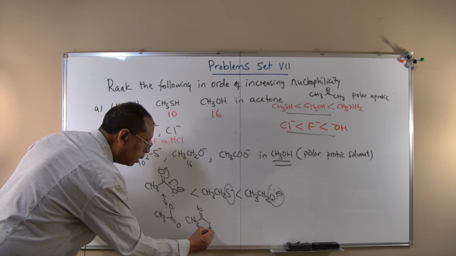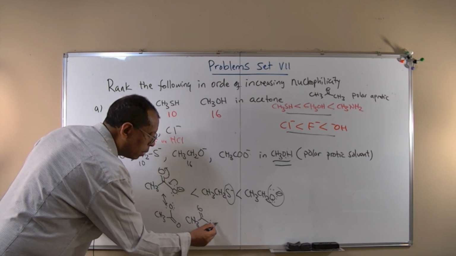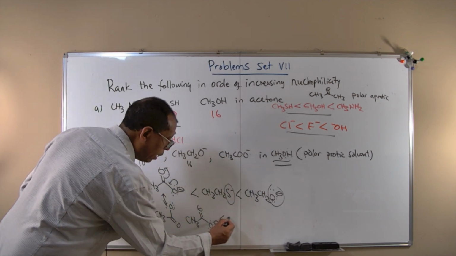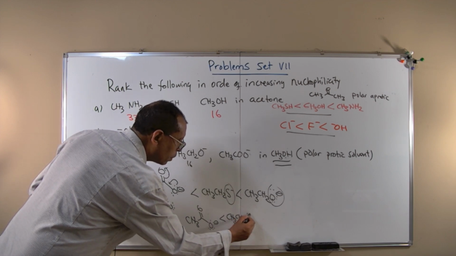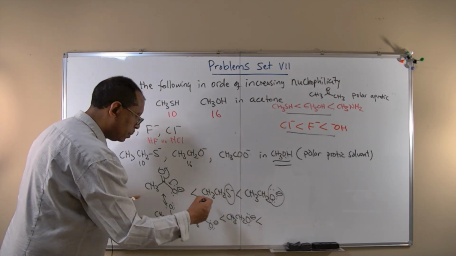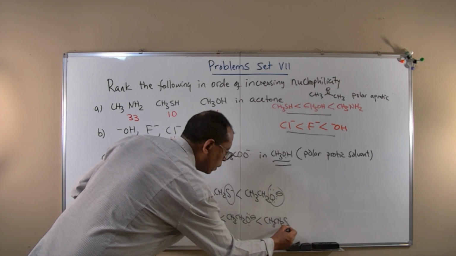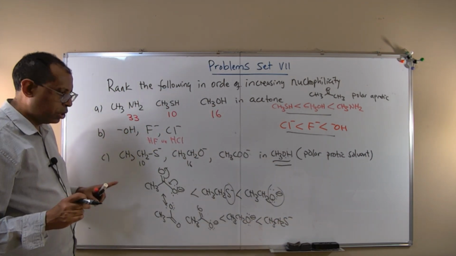The acetate still remains as hydrogen bonded one, and also resonance stabilized, that is the least one, followed by methoxide, ethoxide, and followed by the sulfide. This is a very important distinction now.